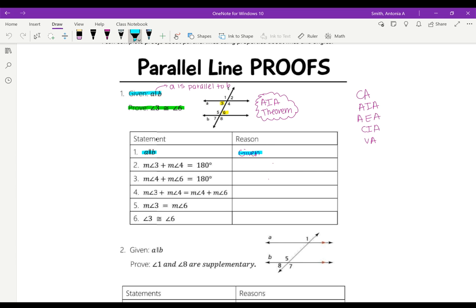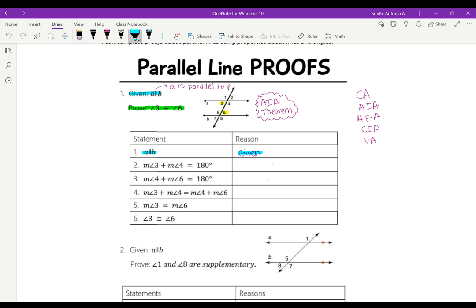With an algebraic proof, you're doing step by step, and one step leads to the next step, just like if you were solving an equation. With geometric proofs, 2 statements can give you enough information for the next statement. It's not necessarily one statement always leads to the next. Sometimes you have to gather some information before you make the next statement.